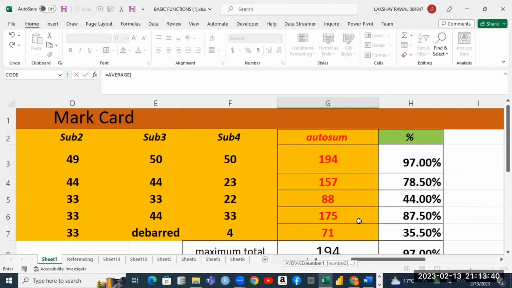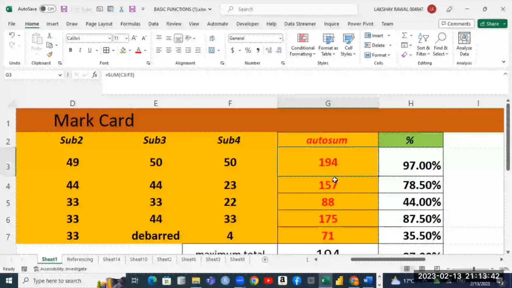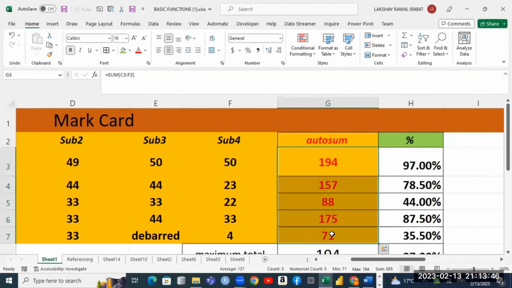No. Suppose I want to find the average of these results. So that will be 194 plus all these results divided by 5 students. Very good. Sum of observations divided by number of observations.